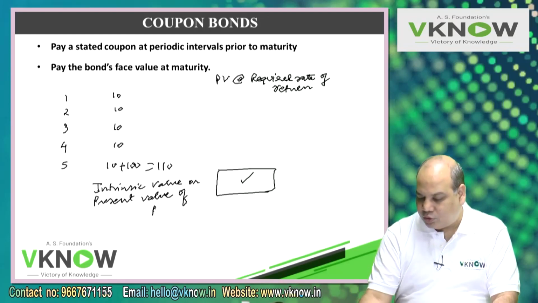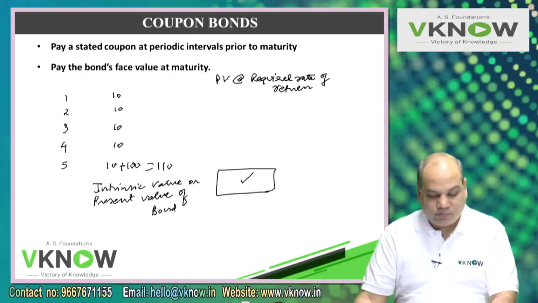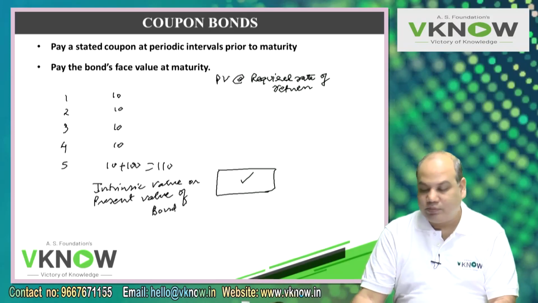So if you are not writing, no problem, because this will come in part 2 of this chapter, valuation of different types of bonds. Very important, valuation of different types of bond. Coupon bonds are very easy. You just have to compute the present value of all the cash flows that the bond will generate.